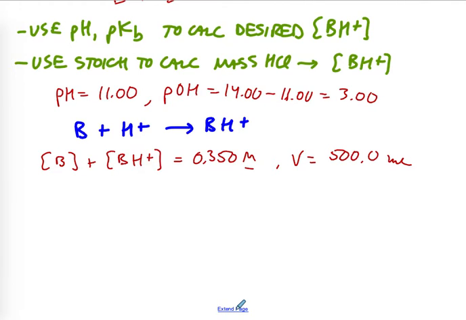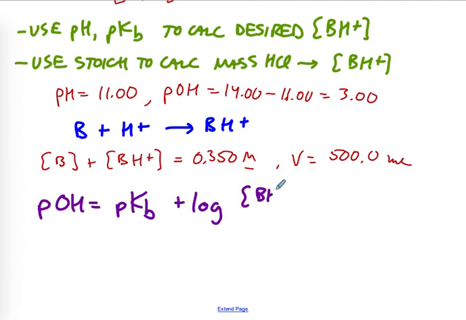So let's jump to the Henderson-Hasselbalch equation. But now I'm going to use the basic form of the Henderson-Hasselbalch equation, and you can see from pretty straightforward derivation that that looks very similar to the acidic form. pOH is equal to pKb plus the base 10 logarithm of the ratio of the concentration of the acidic component to the basic component.